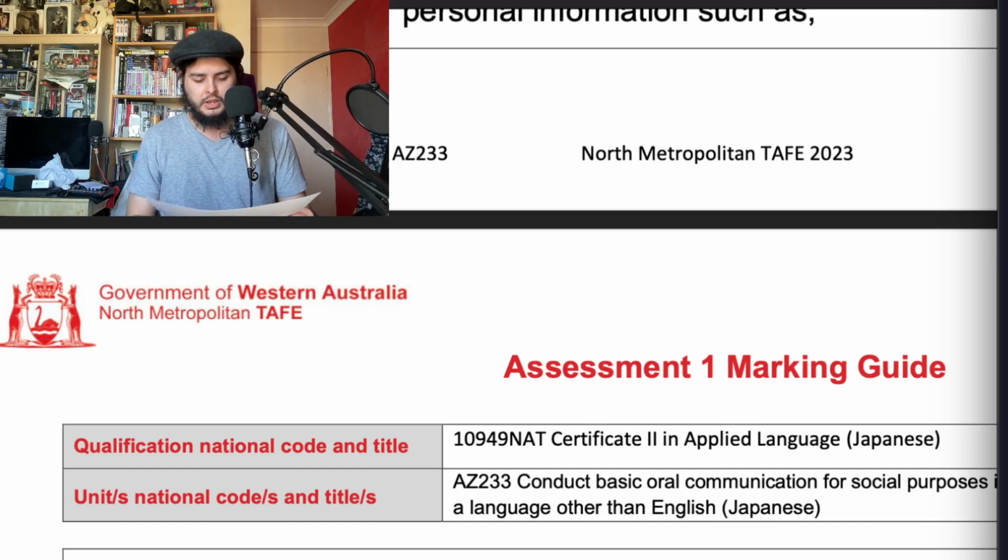So I had sent her an email asking if I'm somewhat on the right track, because the main thing I'm struggling with in Japanese is the structure. Getting the structure correct is my biggest hurdle.